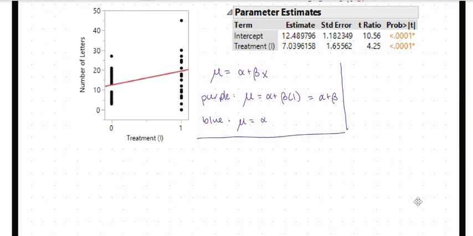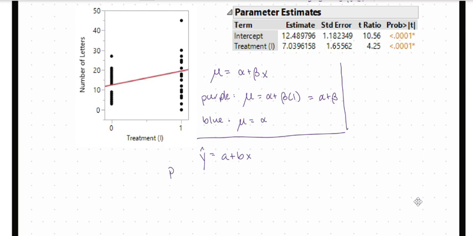In our prediction equation, we have y hats and sample statistics. So our prediction equation is going to be y hat equals a plus b x, where x is still our indicator variable and y hat is our sample response, our predicted response.